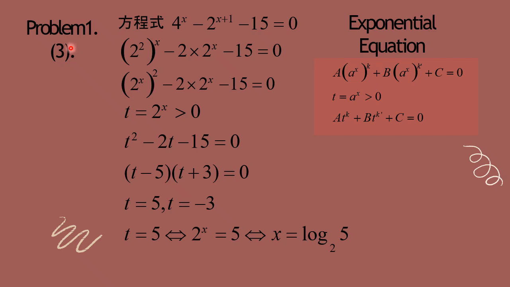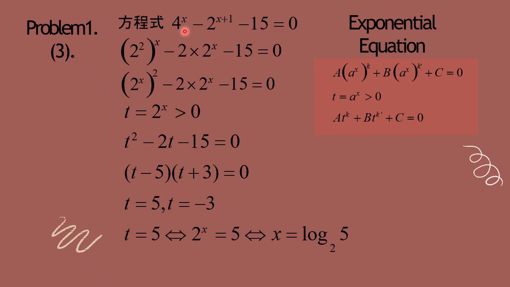Question number 3. We are asked to solve the equation 4 to the power of x minus 2 to the power of x plus 1 minus 15 equals 0. And please note that it is an exponential equation, which we have to write into this form. So it has the same a to the power of x, so we can substitute it by any letter which is positive for all x, so that we can solve this equation easily.